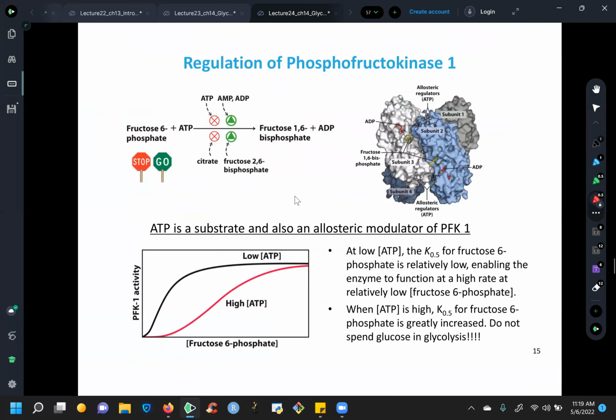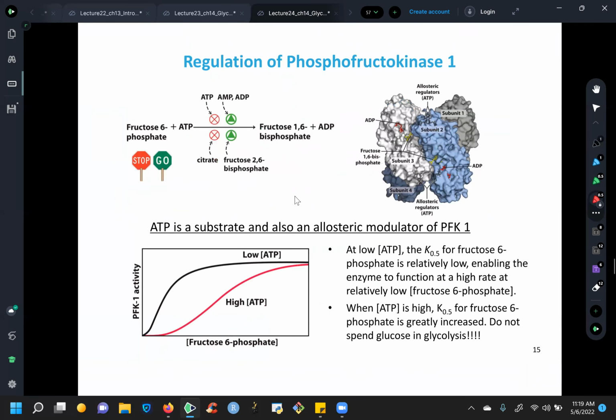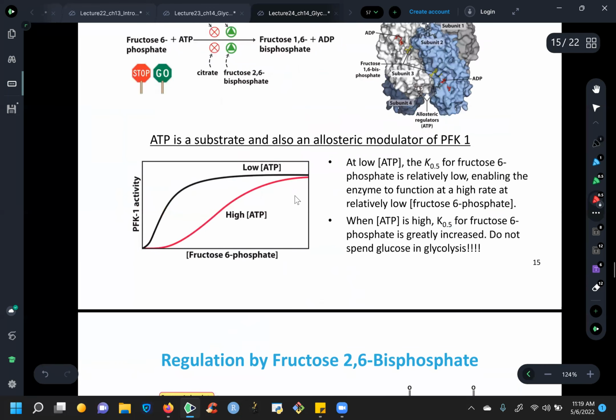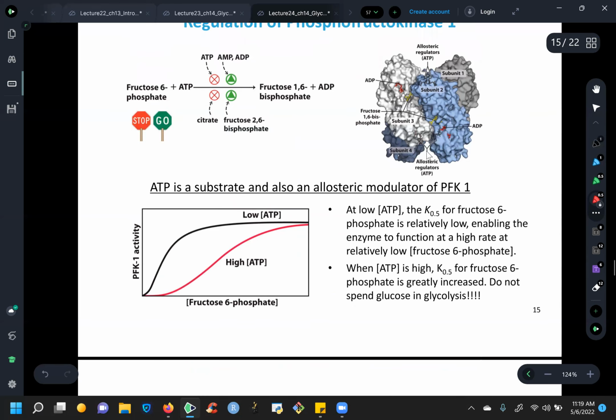Regulation of phosphofructokinase 1. That's that really highly regulated enzyme for reaction number 3. ATP is a substrate and also an allosteric modulator of phosphofructokinase 1. We talked about this in discussion, how phosphofructokinase 1 has different binding sites for ATP, and depending on which binding site is being used by ATP, that is the effect that it will have on phosphofructokinase 1.